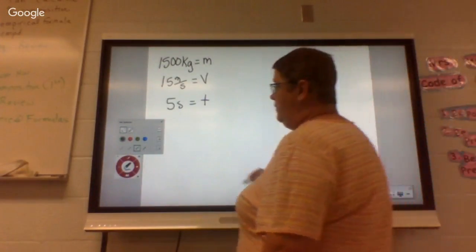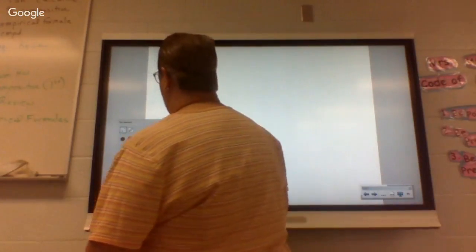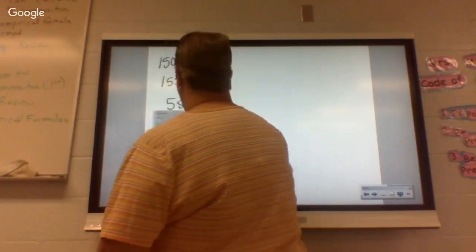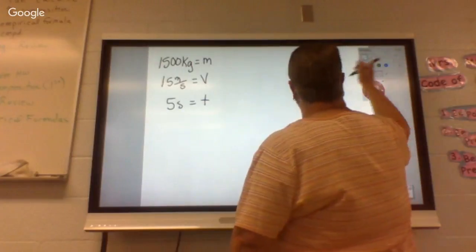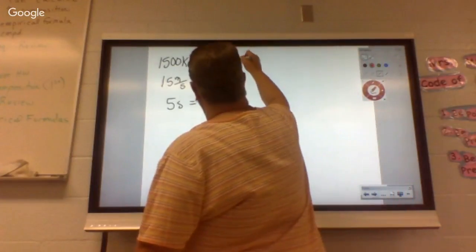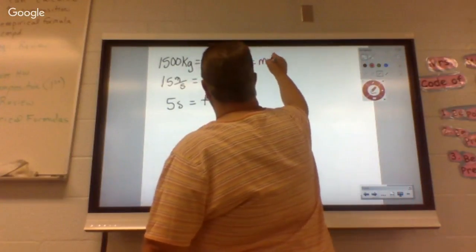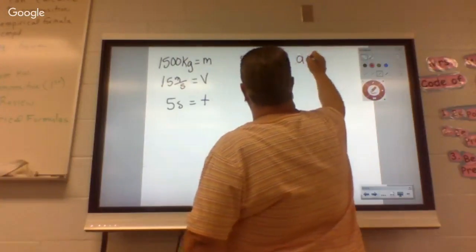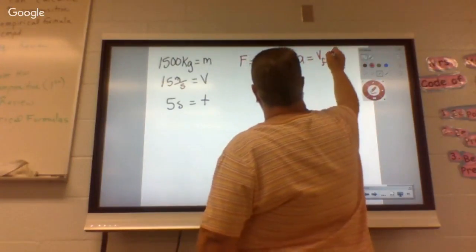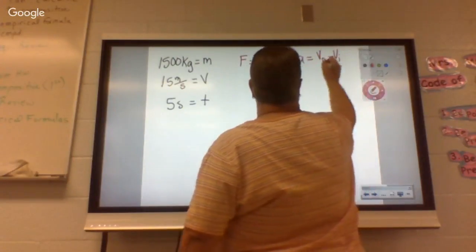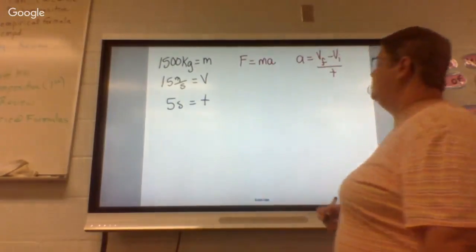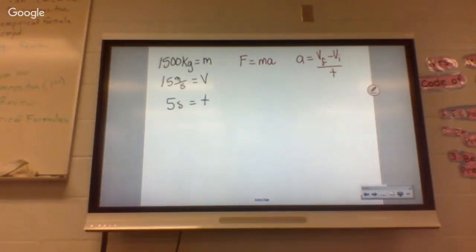How many formulas do we have that have acceleration? You have 2. So what are they? Velocity over time, and F equals ma. If you want acceleration, what do you have enough information to use?